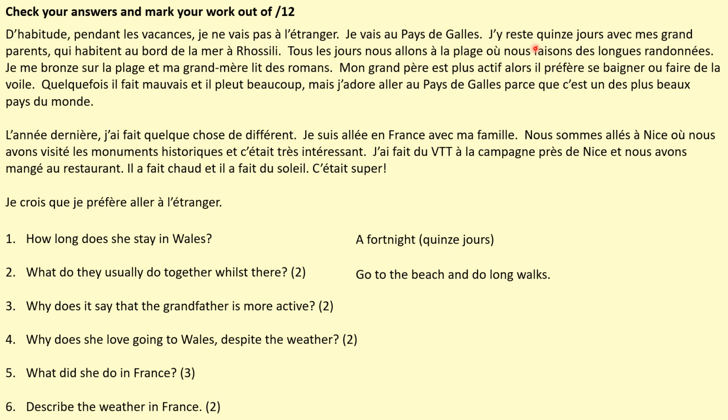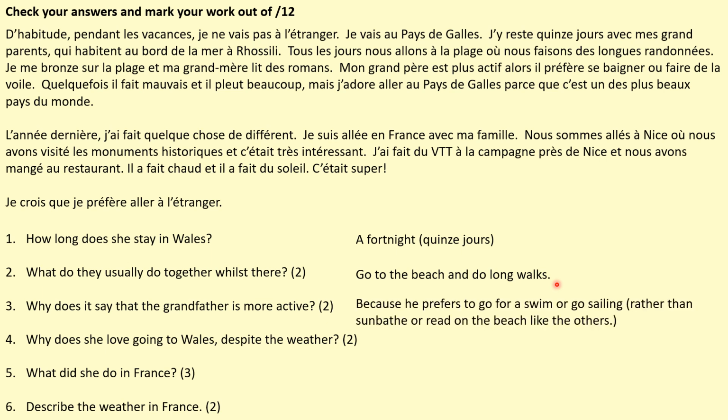They go to the beach, that's the first mark, and do long walks, or go on walks, that's the second mark. Number 3, it says that the grandfather is more active because he prefers to go for a swim, that's 1 mark, or go sailing, that's your second mark, rather than sunbathe or read on the beach, being more lazy like the others.